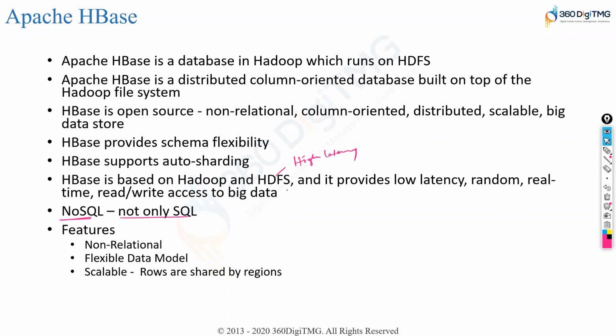These are the features summarized for your HBase. It is non-relational. It has a flexible data model. That means the schema is flexible, and it is scalable. When I say scalable, your tables can grow, right?